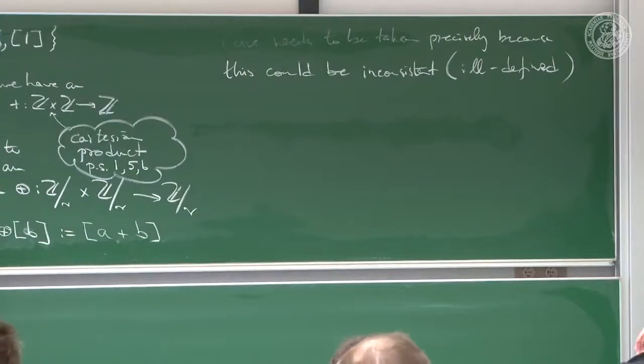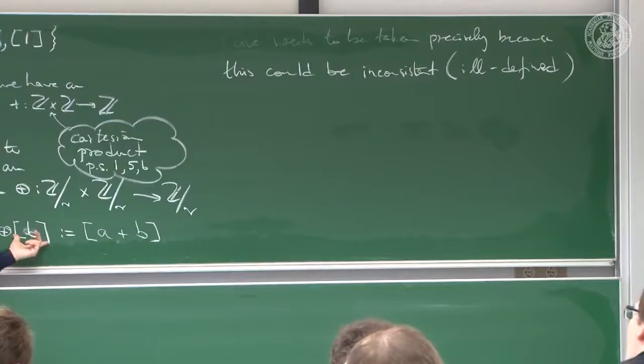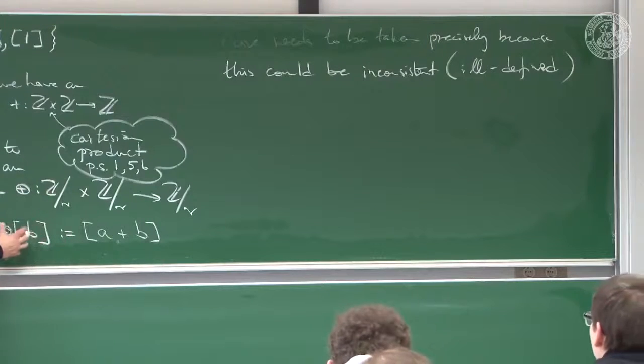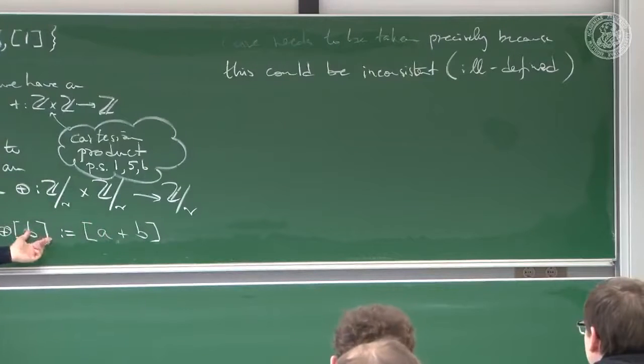Imagine you take a different representative for the same class here, a representative A prime, such that it's the same class. And you take a different representative B prime, such that the class of B prime is the same class as B. Then if this addition acts on the quotient set, it should yield the same result, because you use the same classes, you just chose to represent them differently.